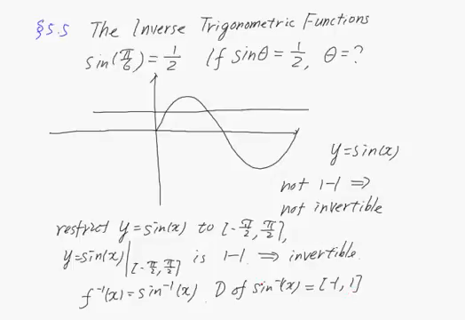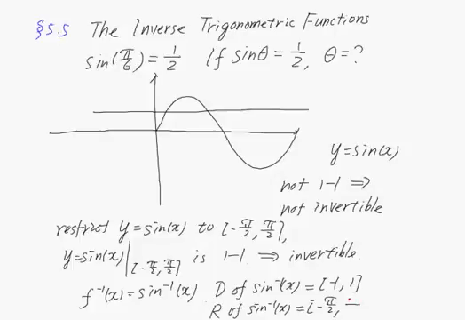And what is the range of this inverse function? The range R of this inverse function is equal to the domain of the original function. So that is -π/2 to π/2, right? So the range of the inverse function is equal to the domain of this restricted function, the closed interval.